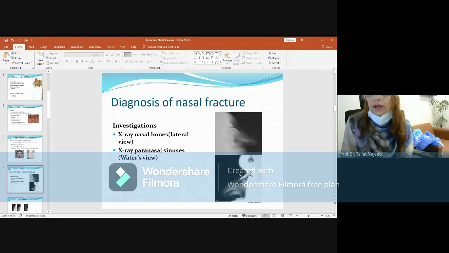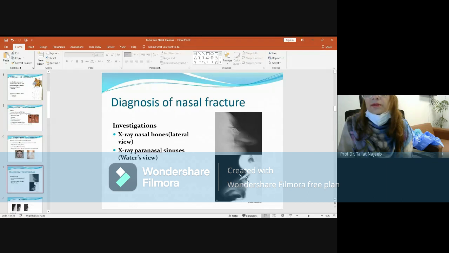Then you will ask the patient for radiological investigations. You will ask for an X-ray of the nasal bones, lateral view. So you can see the fracture of the nasal bones. A fracture can be displaced or non-displaced.